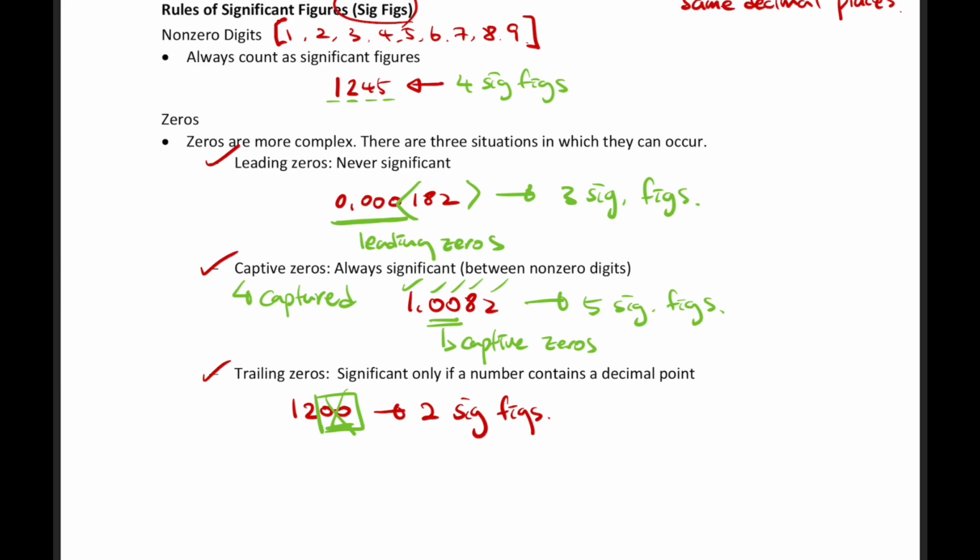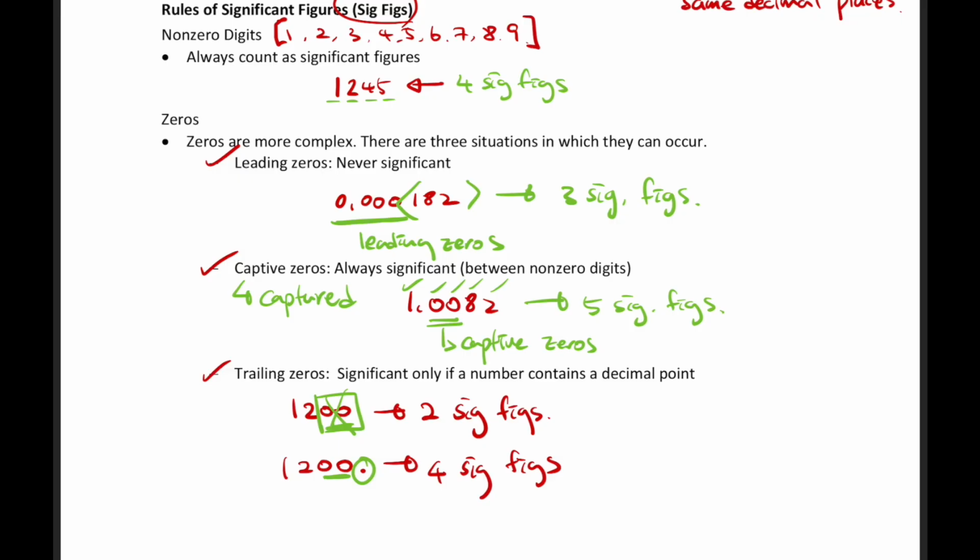However, if you have something like 1200 point, in this case, because the decimal point here closes the zeros, the non-zero digits capture these zeros, and they count as sig figs. So in this case, we have four sig figs.